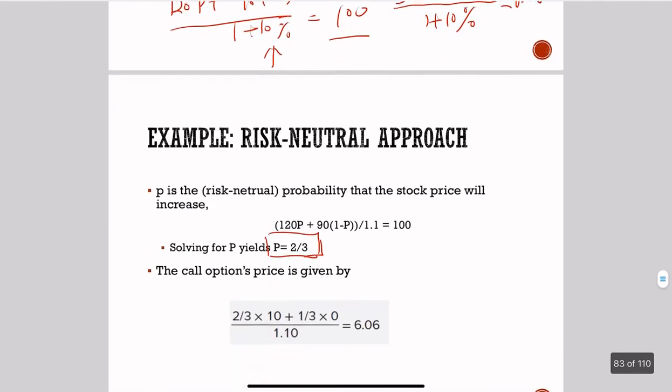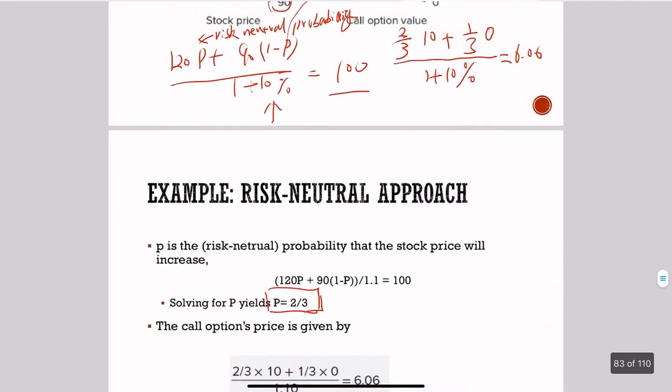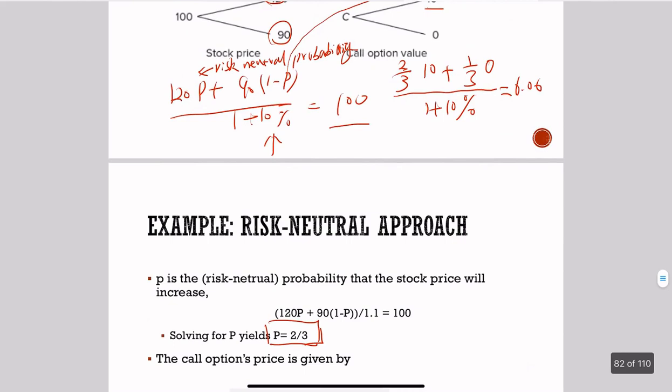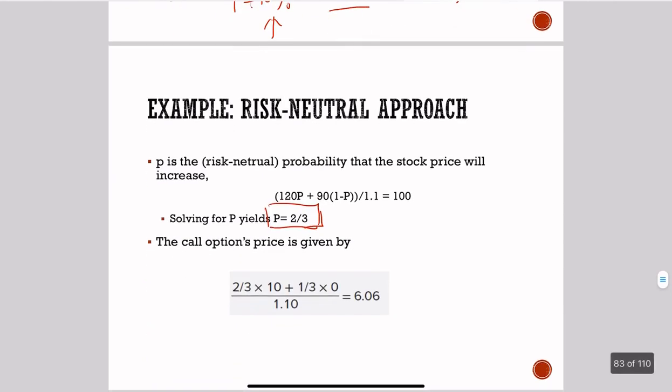Maybe let me summarize. How do you find out your result here? You can actually consider this as a two-step process. Right? What is the first step? Step one, you will find risk neutral probability. So how do you find out this risk neutral probability?